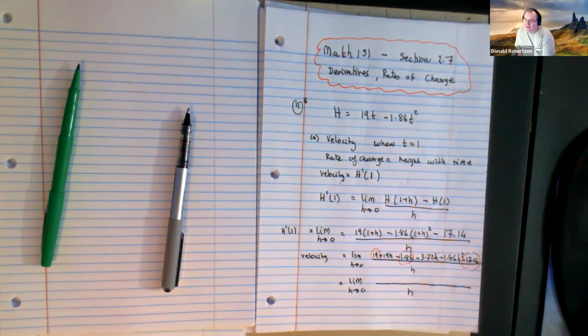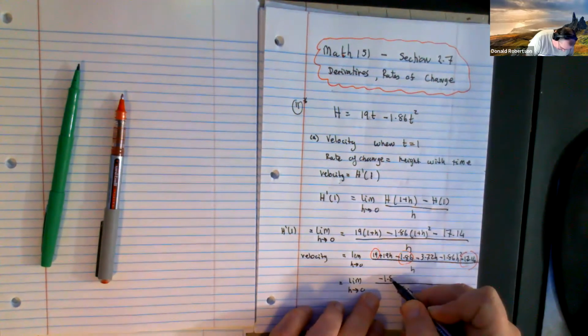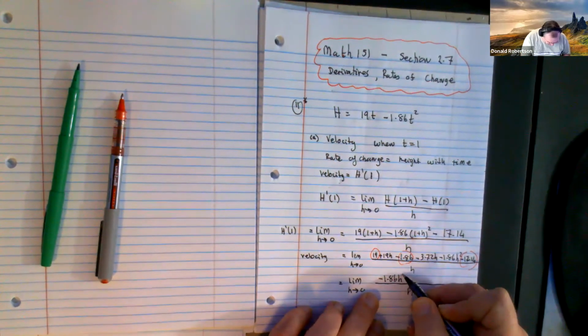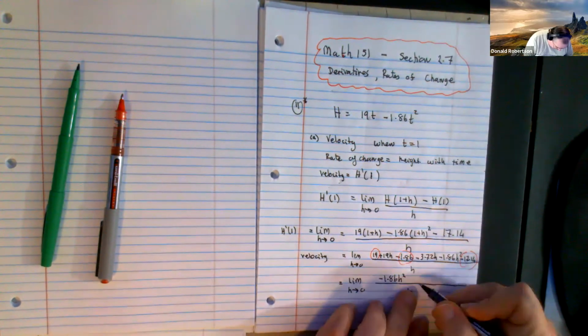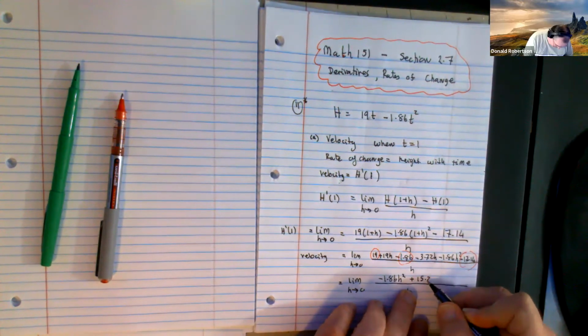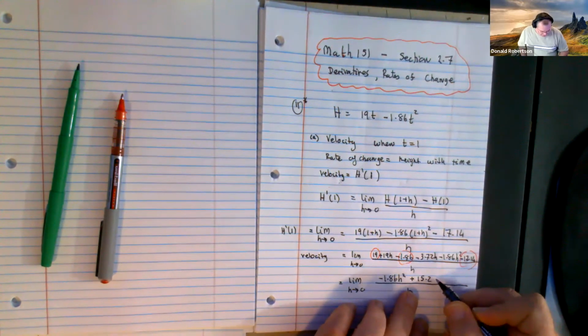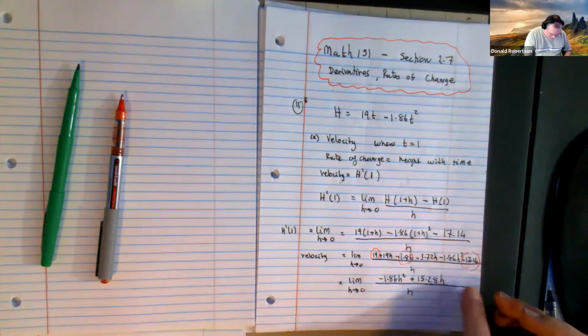Isn't that the little trick that you know you're doing it right? Now, I have got a negative 1.86h squared, yikes. And I've got this guy and this guy, which gives me a positive 15.28h. Yeah, so that's what this top line becomes.